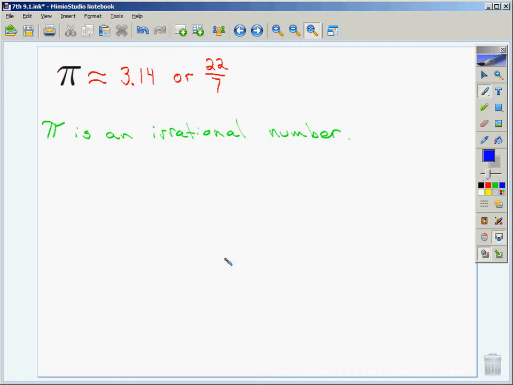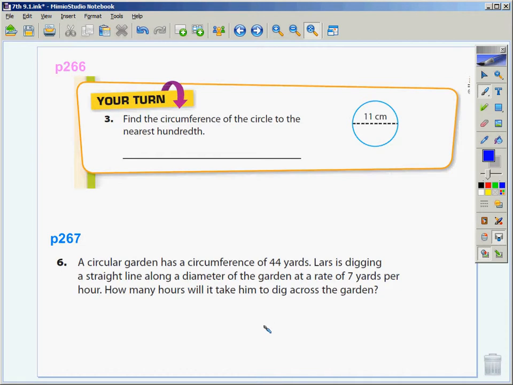Circles. If they tell you which to use, 3.14, or they tell you to use 22 over 7, and you don't use the one that they've specified, you're going to get the answer wrong. If they don't specify, you can use either one and your answer will be correct. Okay, questions? Okay. Look at page 266 then, where it says your turn, number 3.